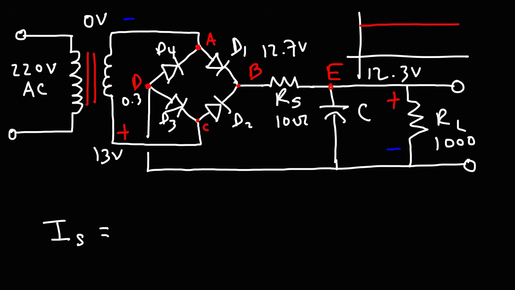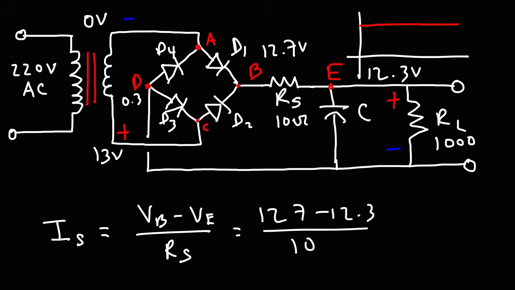So let's say E is at 12.3, B is at 12.7. The voltage across RS is the difference between the potential at B and the potential at E. And then we need to divide it by RS to get the current. So it's 12.7 minus 12.3 divided by 10 ohms.